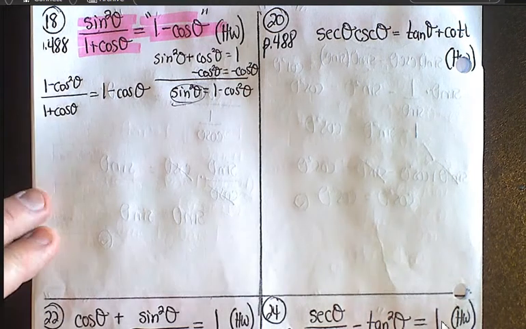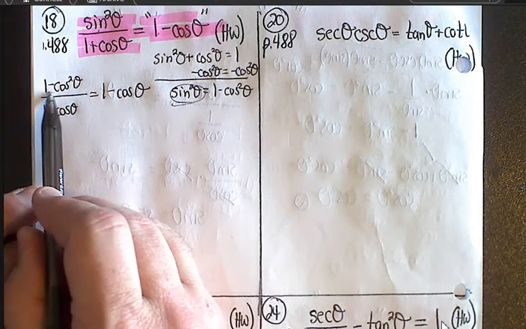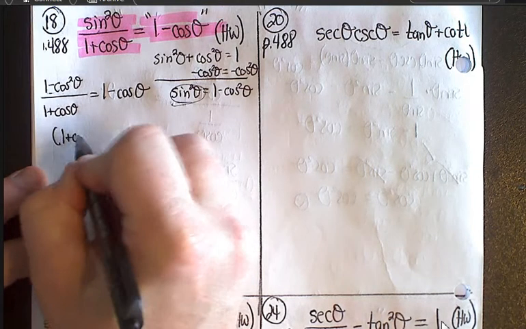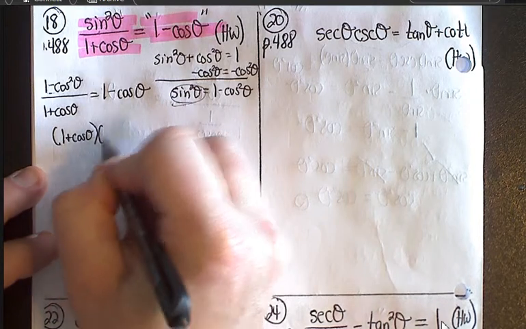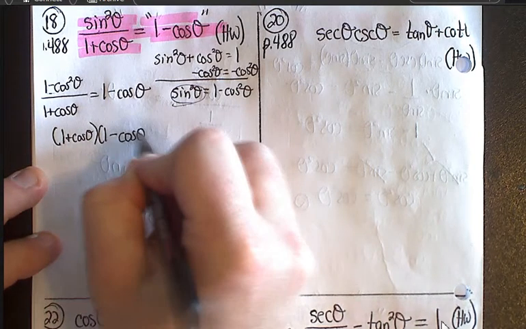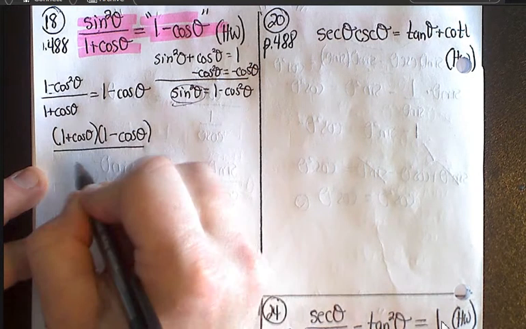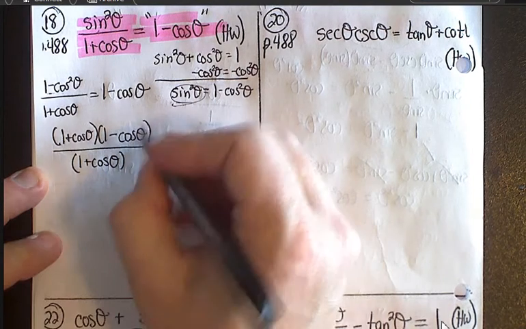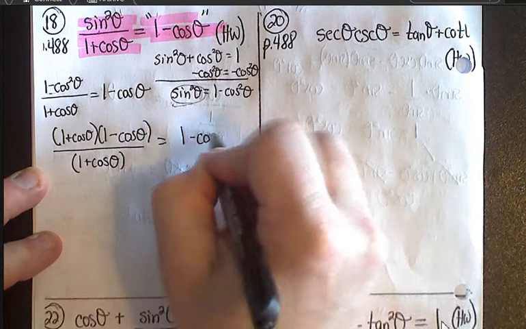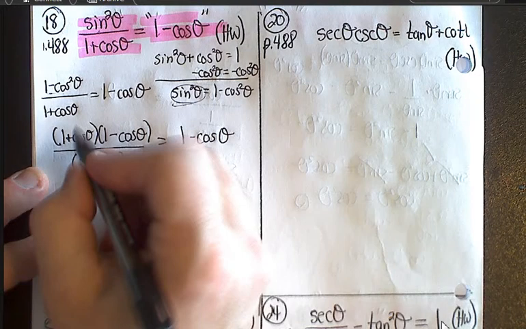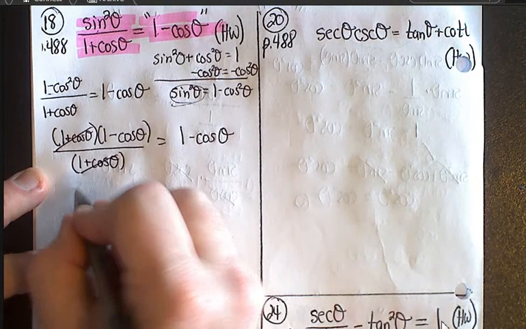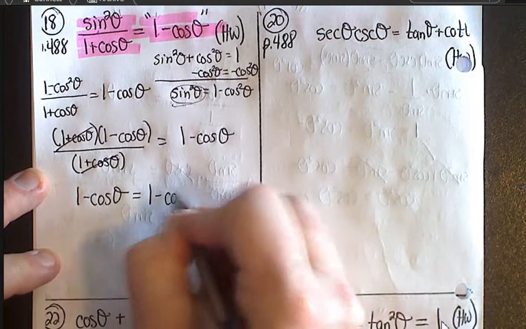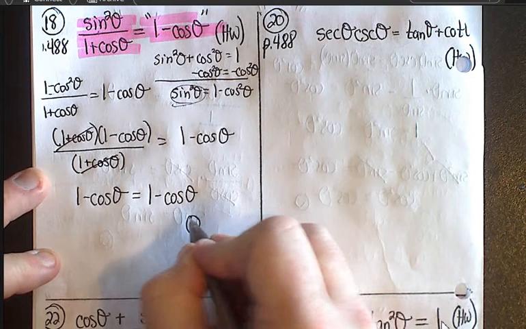Well, again, recognizing that this is the difference of two perfect squares, this is going to factor into 1 plus cosine theta times 1 minus cosine theta, all that's over 1 plus cosine theta. I'm going to put that in parentheses. And all that's supposed to equal 1 minus cosine theta. You can see that these two will cancel, leaving me with 1 minus cosine theta is equal to 1 minus cosine theta, and we are done.